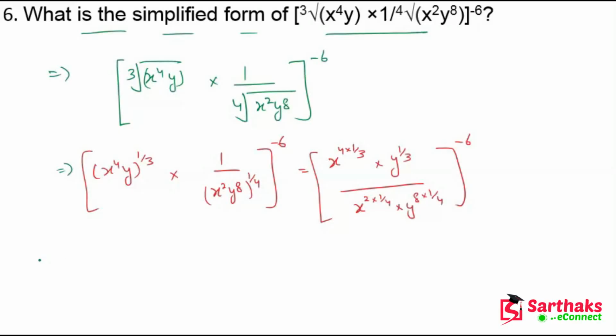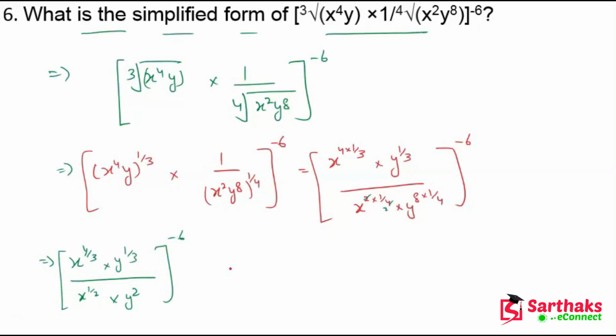I hope you get this point. So this will become x to power 4 upon 3 into y raised to power 1 upon 3, divided by, this can be divided by 2 times, so here we get x raised to power 1 upon 2, into y raised to power 2, and it has whole raised to power minus 6. I hope you understand these things, my dear friends.